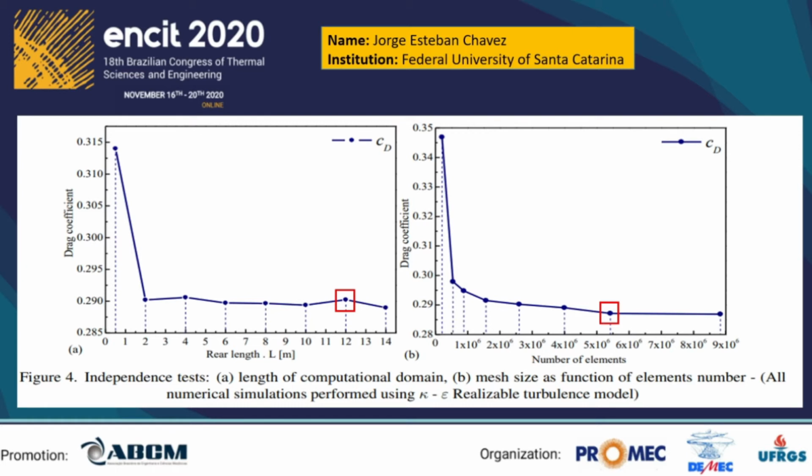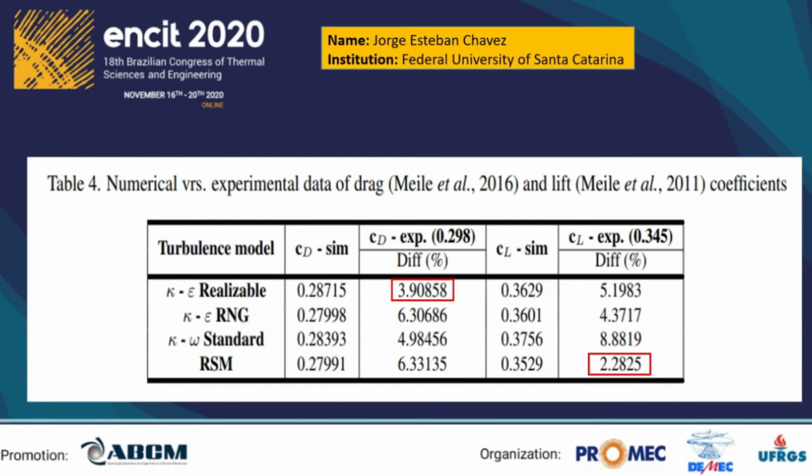Table 4 shows the percentage difference between the experimental and numerical results. It can be observed that the realizable K-epsilon turbulence model has the lowest difference in predicting the experimental drag value, with only 3.90% of difference. At the same time, it was determined that the other turbulence models tested in this work also adequately captured the total drag value.